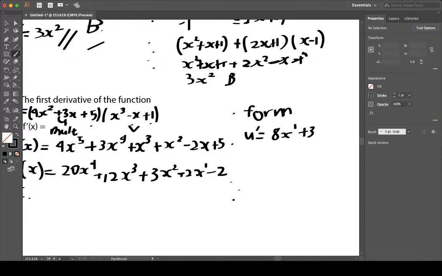And then for V prime, that would be 3x squared: 3 times 1, that's 3, multiplied by x to the power of 3 minus 1, that's 2. Then we subtract, and multiply by negative 1 times 1, that's negative 1, times x to the power of 0, which is 1 as well, and then add 0.